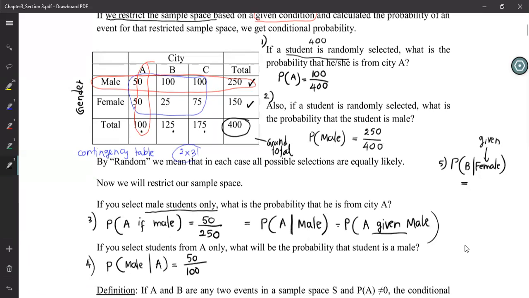So look at females only. Right? So how many are from city B? There are 25 out of 150. Yes, I got the 25 from 150.